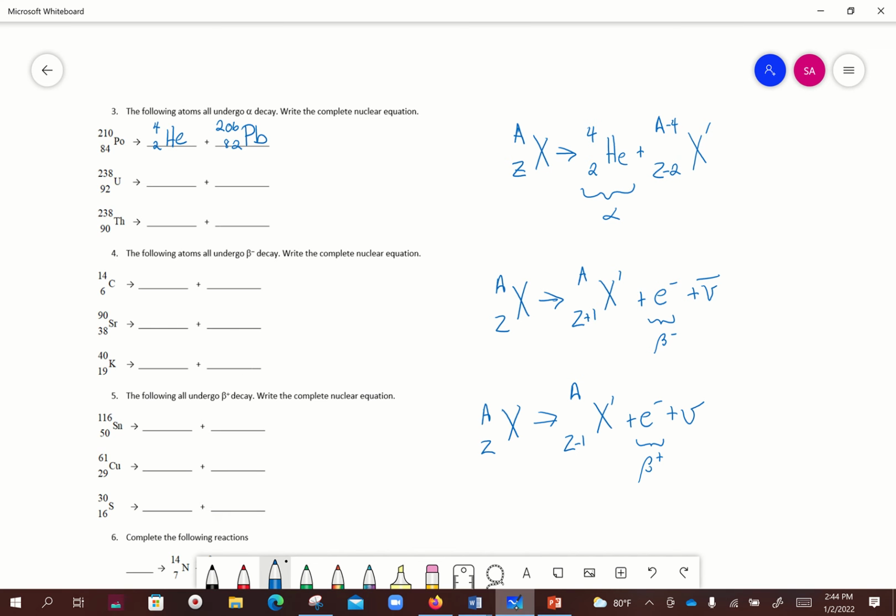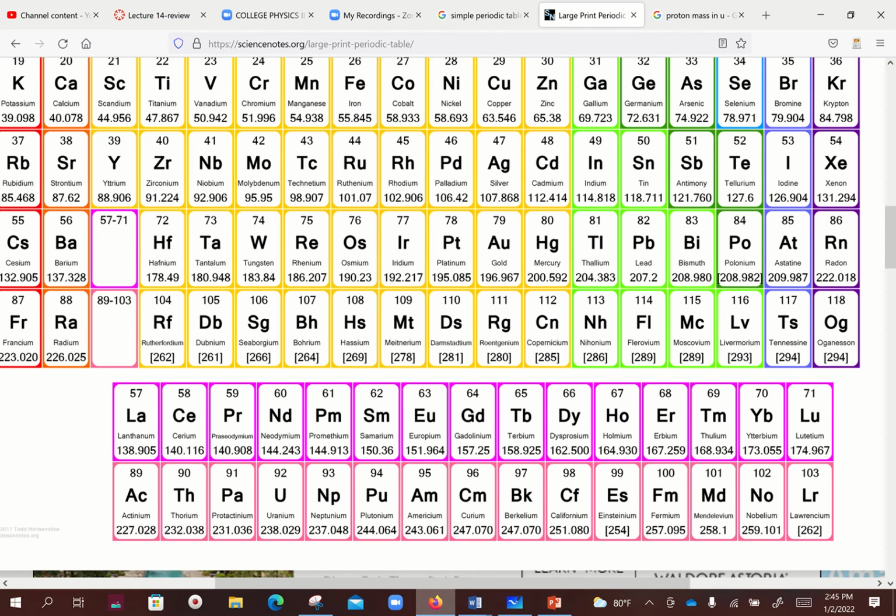Or how about uranium-238? Well, it gives off an alpha particle, 4,2 helium, plus it gives off a nucleus that has 4 fewer nucleons, so 238 minus 4, which is 234, and 2 fewer protons, so 92 minus 2 is 90. Then I go to the periodic table, look at what is 90.